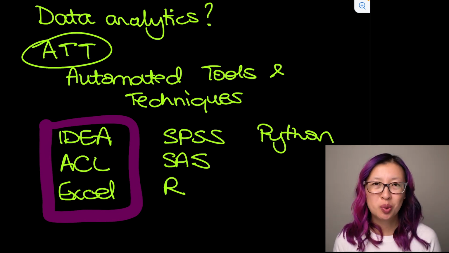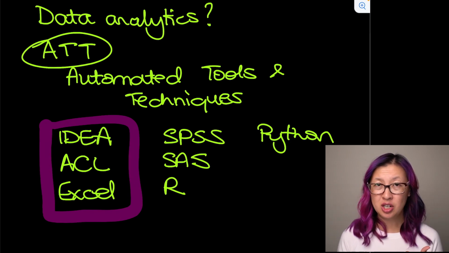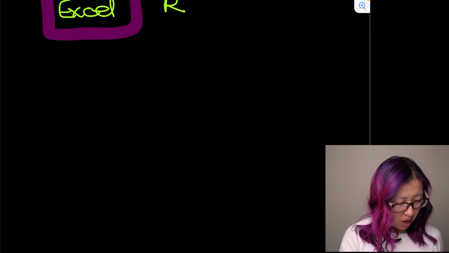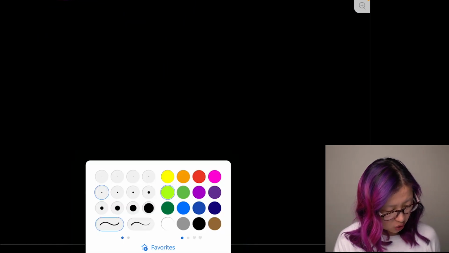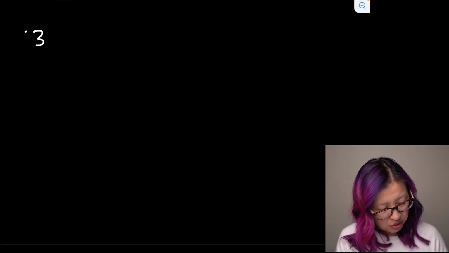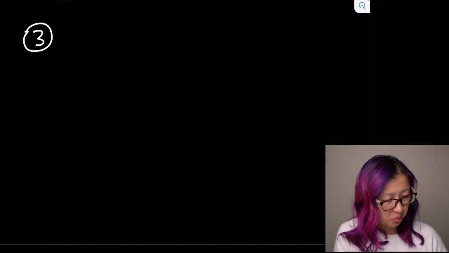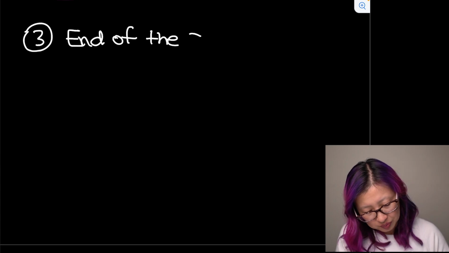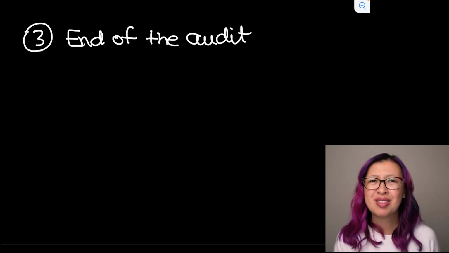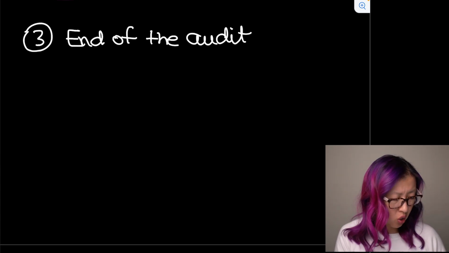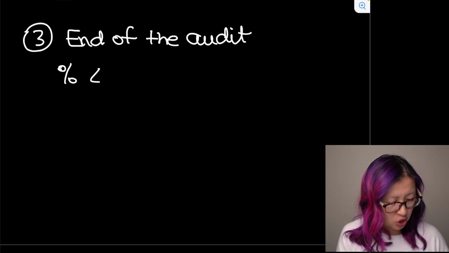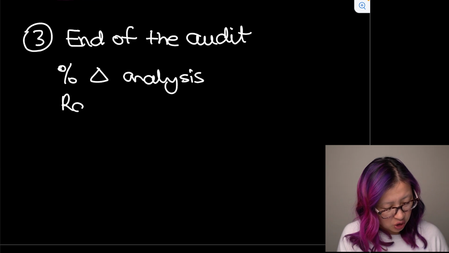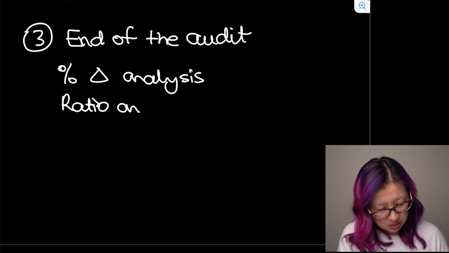I've mentioned doing analytical procedures at the planning stage. I've mentioned doing them as a substantive procedure, but I also wanted to just make sure that everybody knows that the third time in which you use analytical procedures is at the end of the audit. Now you might think, why am I doing them at the end? Well, remember early on where you did those percentage change analyses, or the ratio analysis.